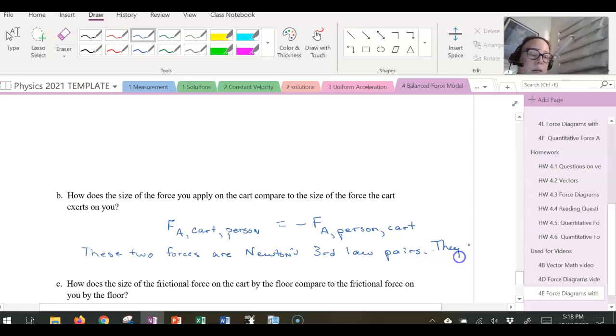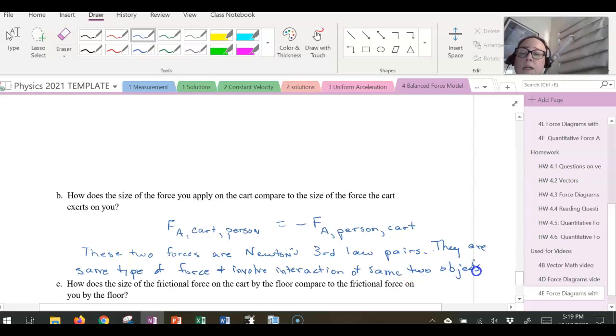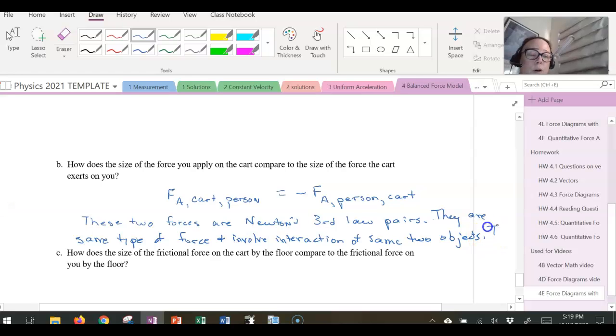They are the same type of force, and involve the interaction of the same two objects. I'm running out of space. They are equal, but in opposite directions.